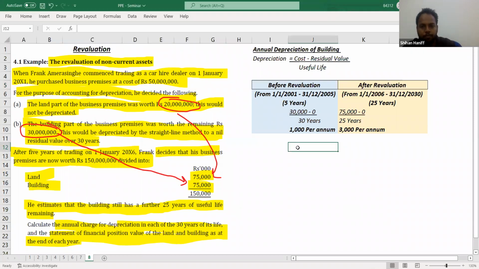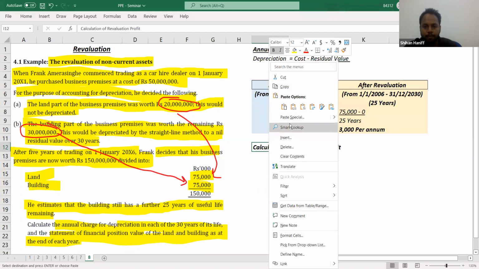Okay. Now I want you all to calculate the revaluation profit or loss. Calculate the revaluation profit.